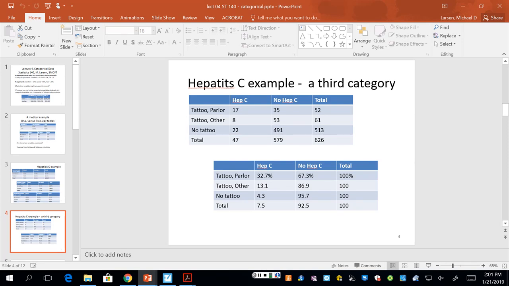So if those were the data from a study, what would you do about it? For instance, if you were in the Department of Public Health and saw data like this. I'd probably recommend people don't get tattoos, and if they did, don't get them at a parlor. That would be one response, right? That would be the safer thing. But say somebody's going to get tattoos and doesn't want to do it themselves.